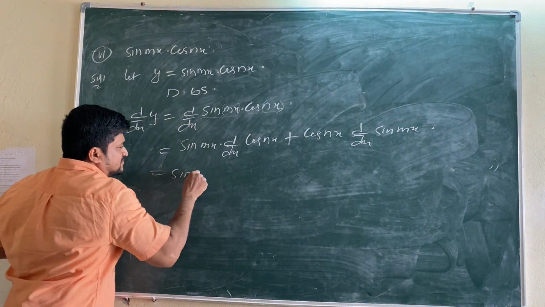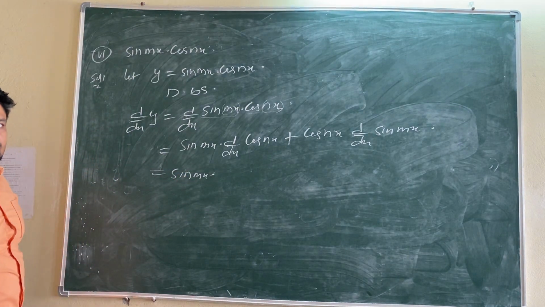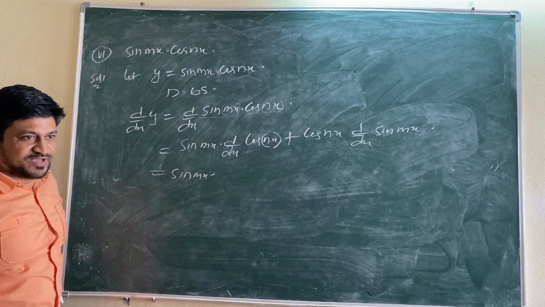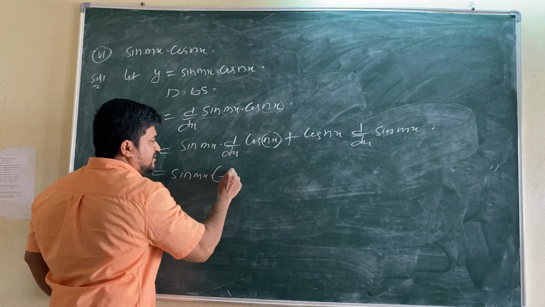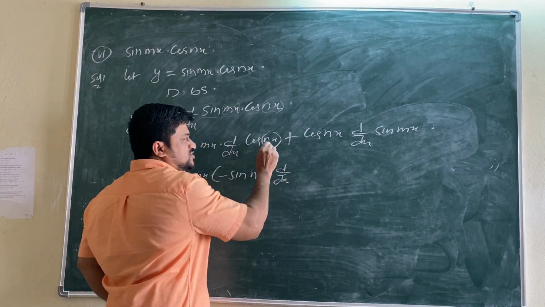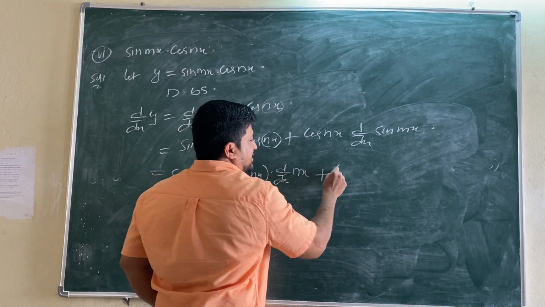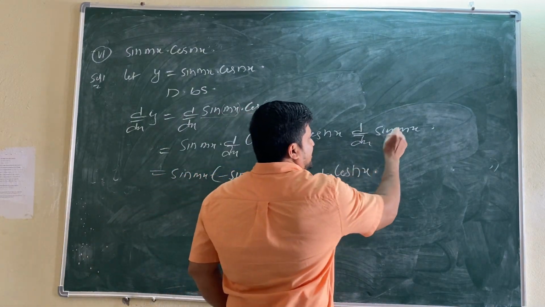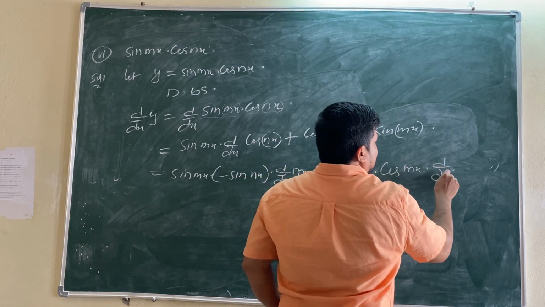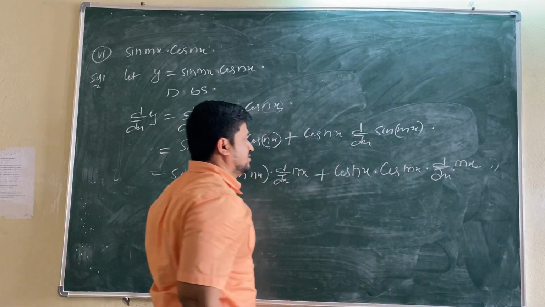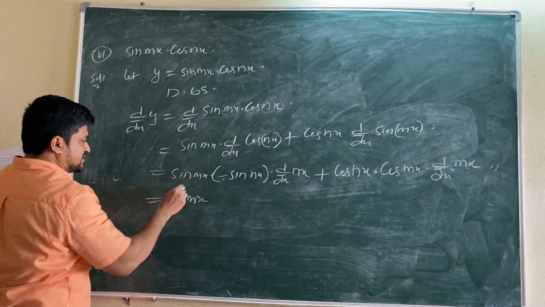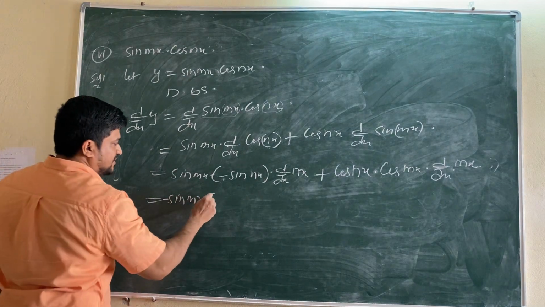Sin mx into derivative of cos, this is x now, considered x value. Derivative of cos x is in bracket minus sin x, but instead of x we have nx, so again you should write that nx. Here cos nx, derivative of sin, this is x, cos x into mx. Now sin mx, this minus sign multiplies, comes here into sin nx.